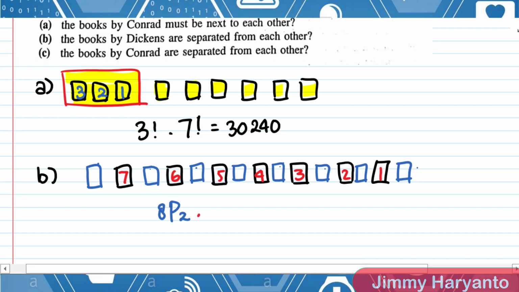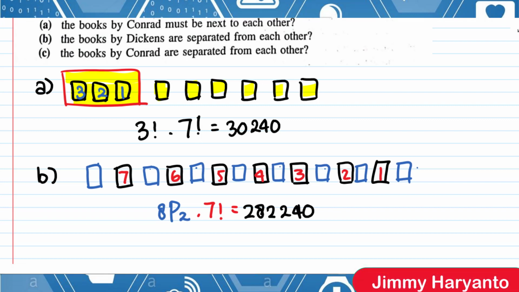The red one is 7, 6, 5, 4, 3, 2, 1, that means 7 factorial. Okay, let's calculate this. 8 P2 times 7 factorial will be 282,240. Okay, good.